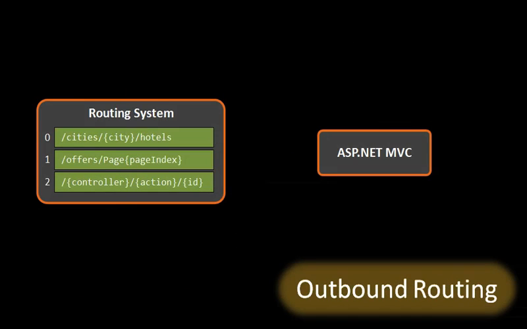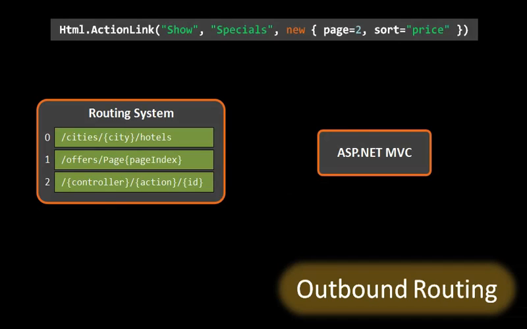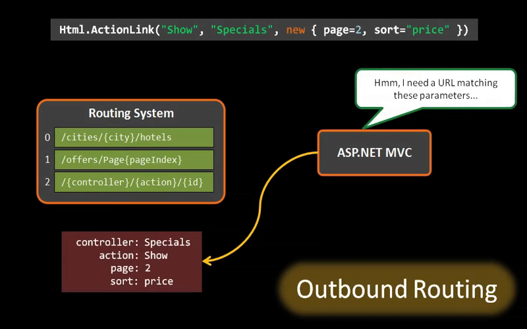Routing's other major job is generating URLs that you can use when you're placing links or redirections. It's essentially the inverse of inbound routing. So if you use the Html.ActionLink helper to place a link, firstly it internally expresses your parameters as a route data structure. It can then pass this structure onto the routing system and ask for the corresponding URL.